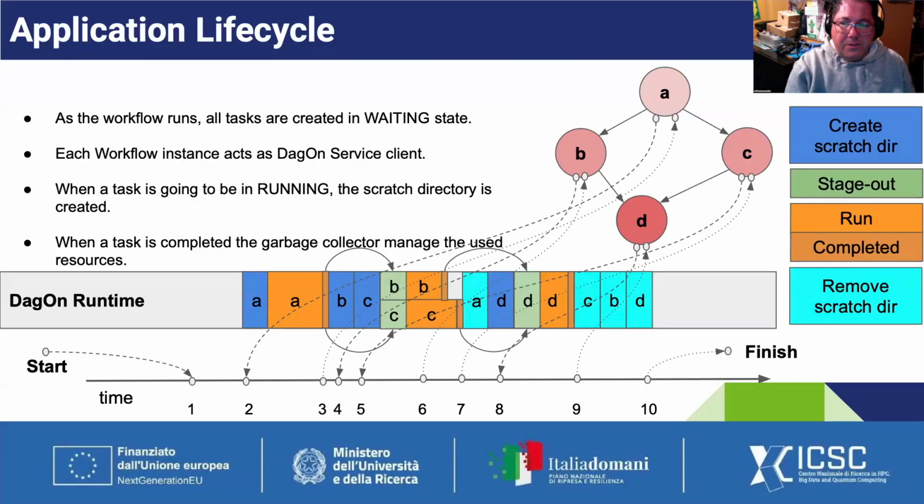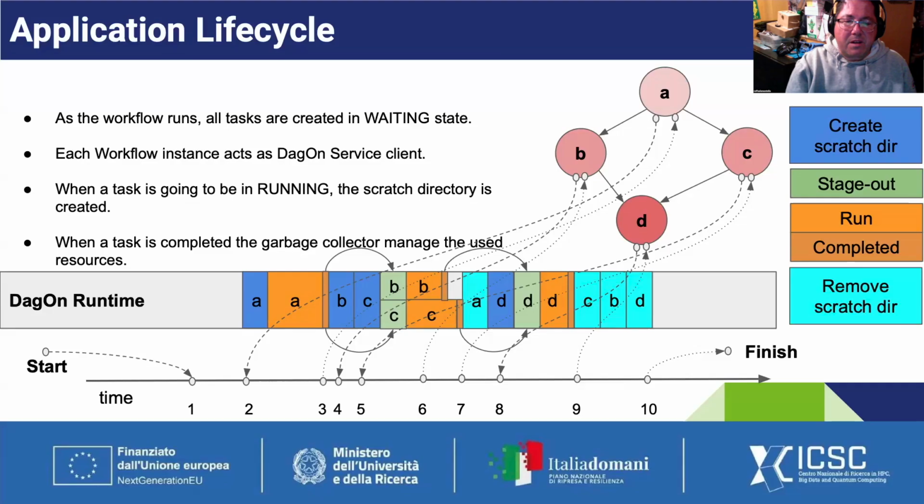We have first of all, in blue, the create scratch directory operation. In orange the actual computation, and in green the staging out. As I told before, DAGonStar is based on backward references. That means the task that is going to be executed has the duty to copy into its scratch directory the data it needs.